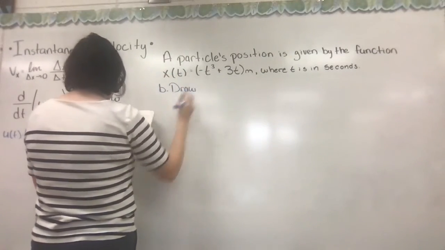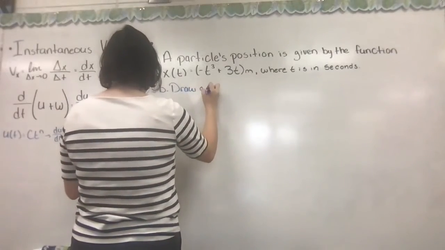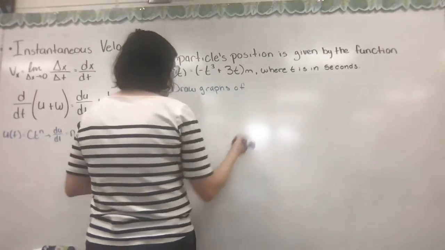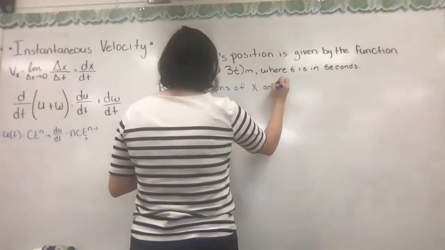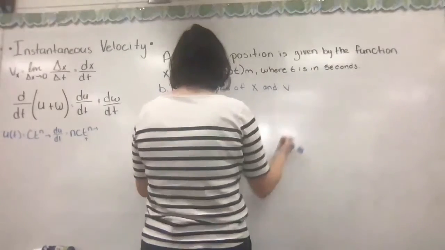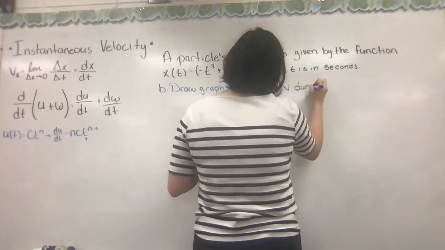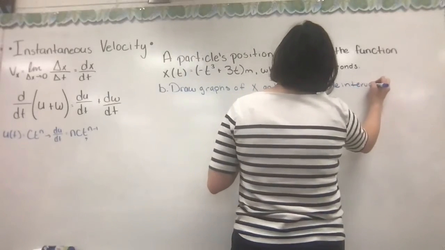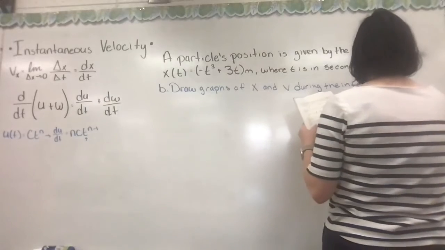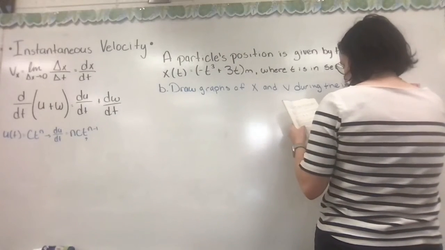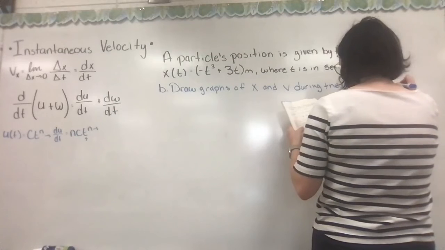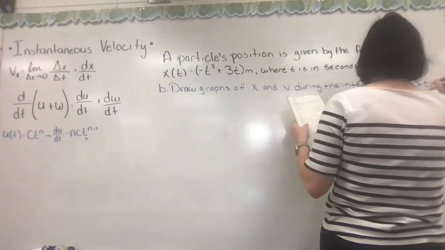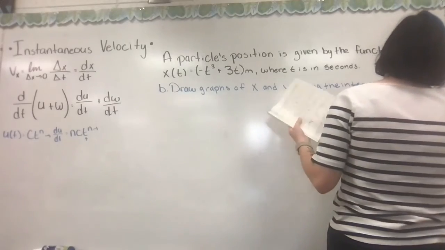Okay. So part B is draw graphs of x. So we're going to draw the position and velocity function graphs during the interval of -3 seconds to 3 seconds.